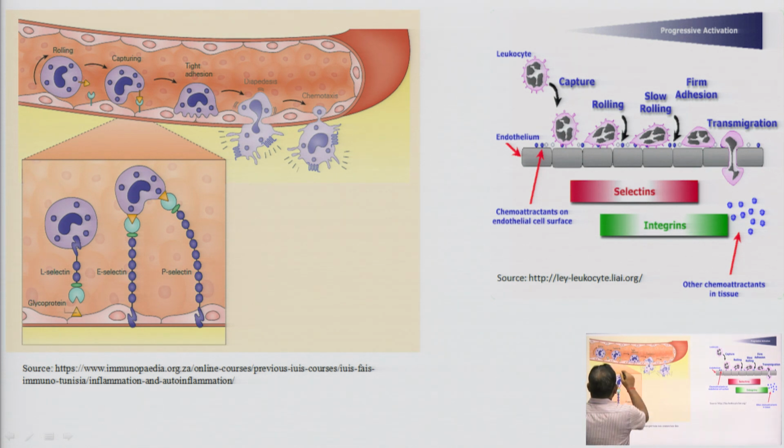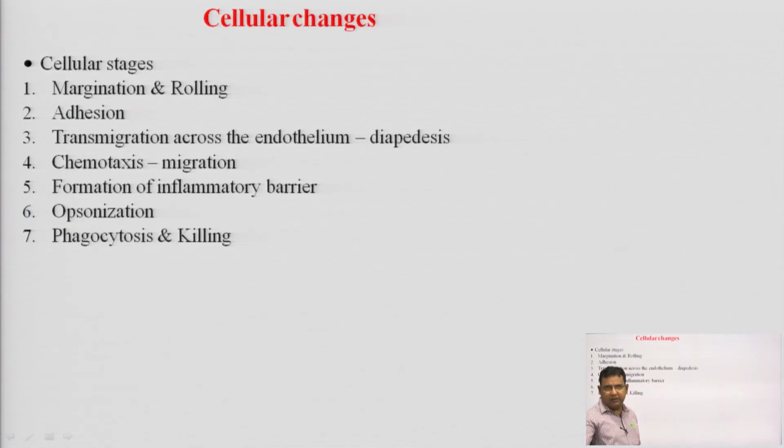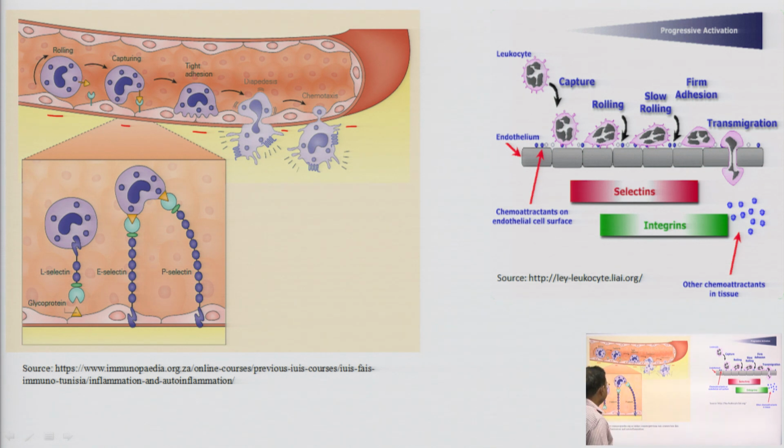See here it is rolling, capturing, tight adhesion, diapedesis, chemotaxis. So, if you see in the last slide, these are the stages I told you. So, these all things are covered here.